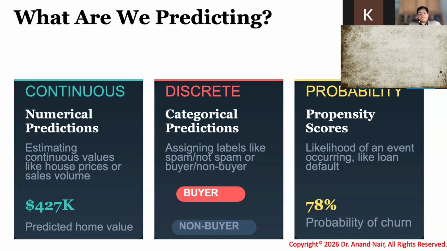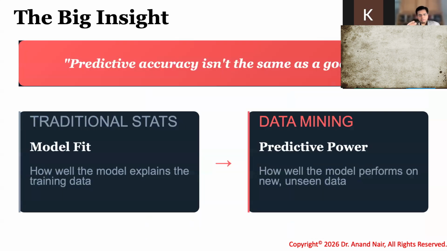Right, so that probability and propensity score is an important one because they give us not just prediction, but they also give us some confidence interval within which we are confident that our finding is in line with what the data is suggesting. Now, the evaluation approach for each of these will be different. So we have to keep these types of categories in mind as we start doing our data mining exploration. So it's important that we are aware of what exactly we are trying to do here.